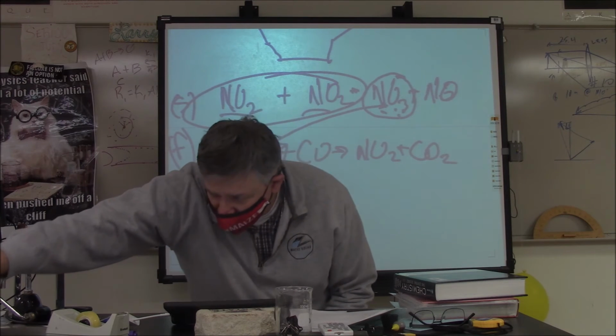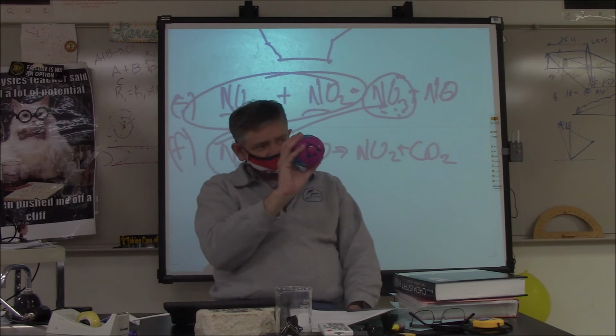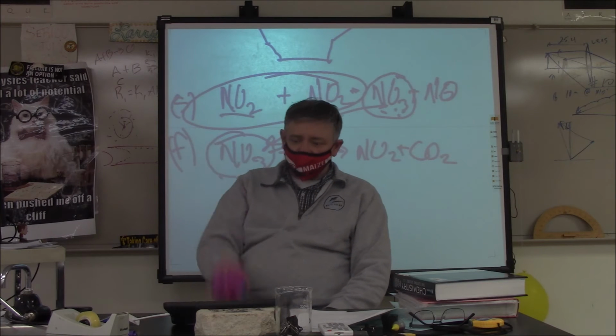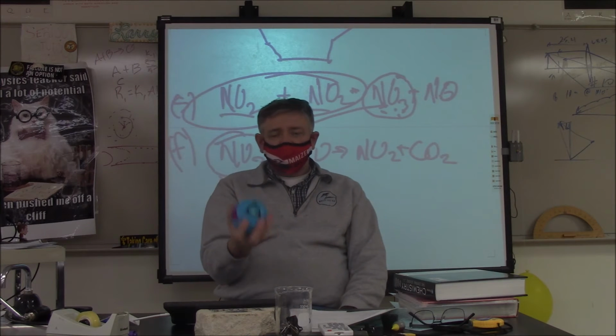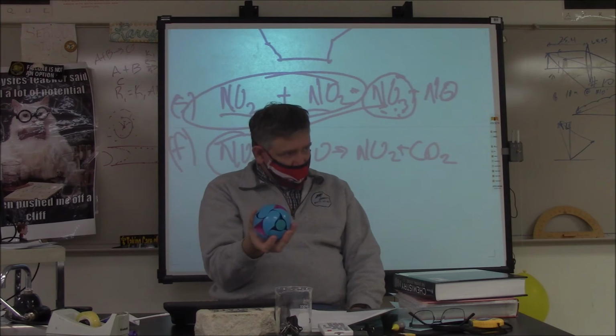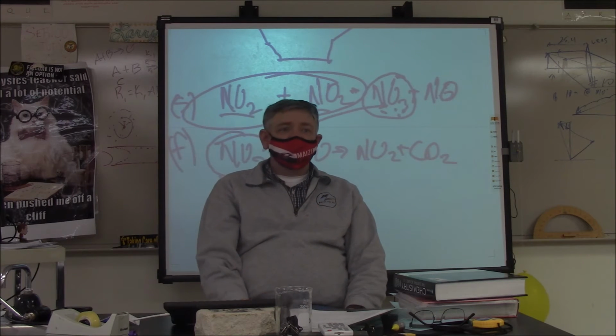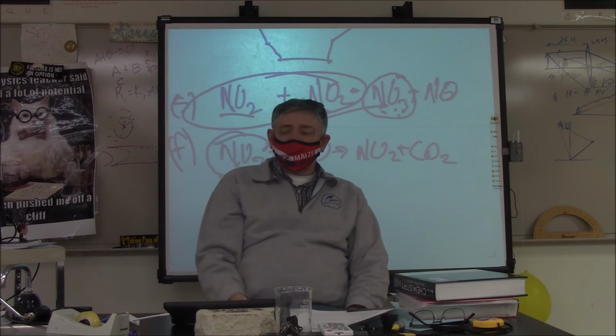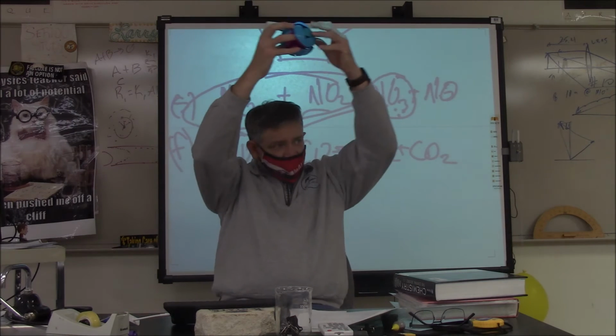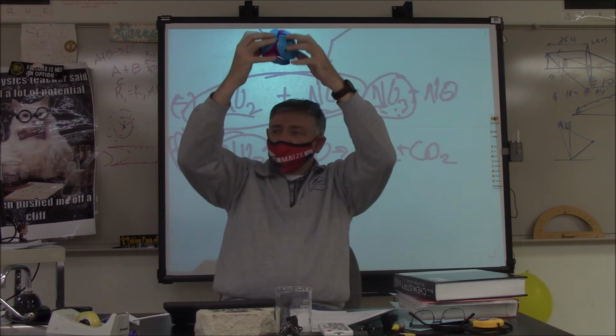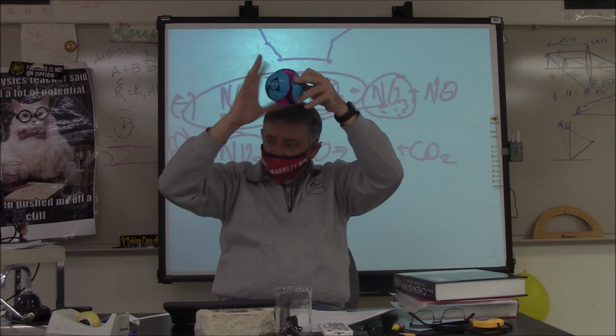So this is a cool way to visualize this. If I take this and toss it up in the air, it's purple, but it'll come back down as blue. Comes back down as purple. So imagine that you could take a picture of this thing up there at the top, okay? Up there at the top, it's going through this transition.